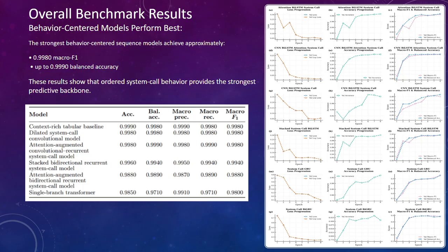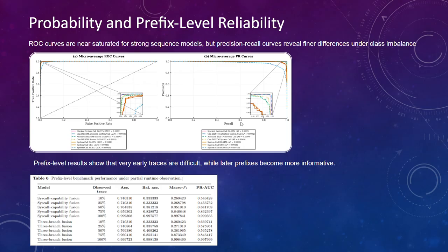These results show that ordered system behavior provides the strongest predictive backbone, which also shows in the table. The probability and prefix level reliabilities are demonstrated with ROC curves. ROC curves are near saturated for strong sequence models, as we can see, the stacked BiLSTM almost 99.99%.